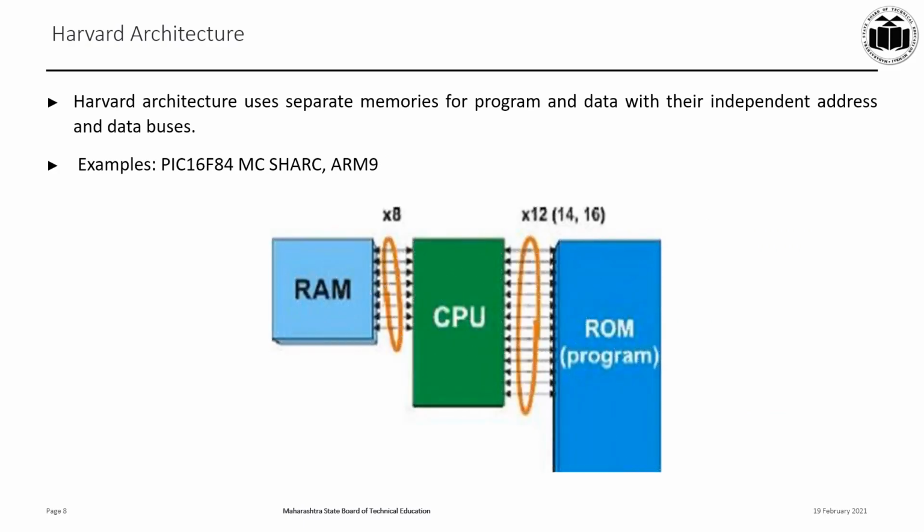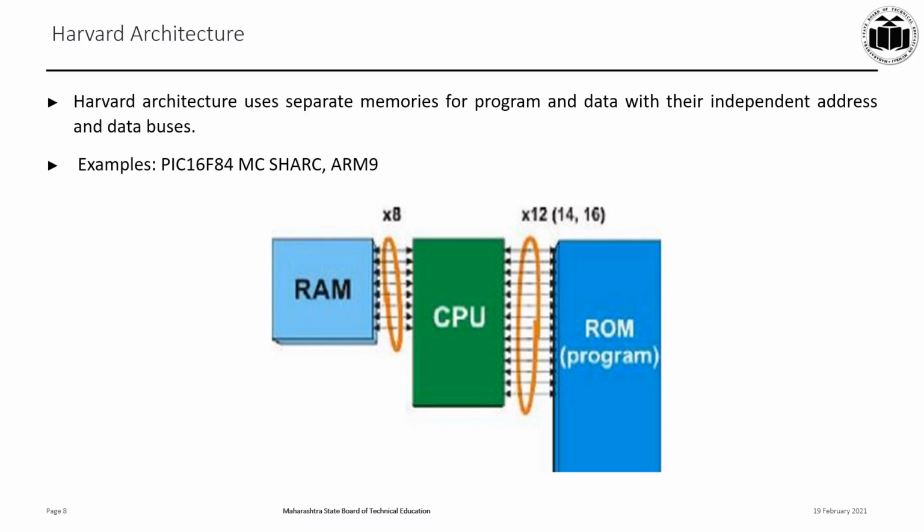As can be seen in this diagram, we have separate memories for data as well as code with their independent address and data buses. So it supports parallel buses for data and memory.